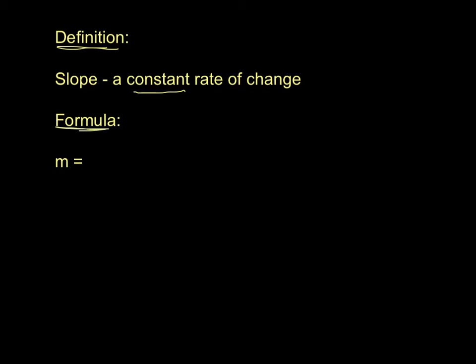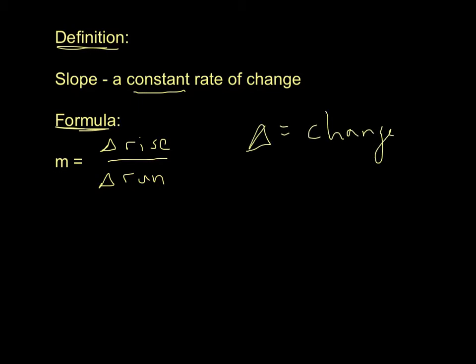The formula that you should be familiar with for slope is change in rise over change in run. So make sure we get all of this. Off on the side, we want to put that triangle equals change. And of course, change implies subtraction.